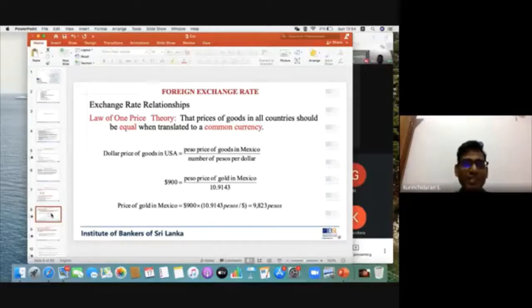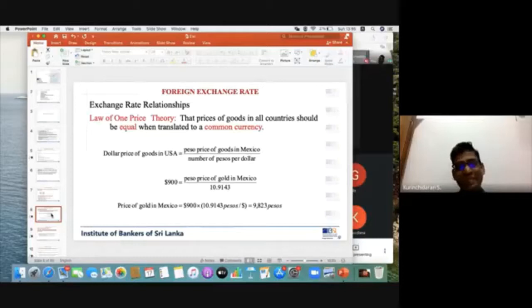There is a theory about the relationship of this exchange rate, called the law of one price. Very important theory in foreign exchange analysis. Law of one price. It means the price of goods in all countries should be equal when translated into a common currency.